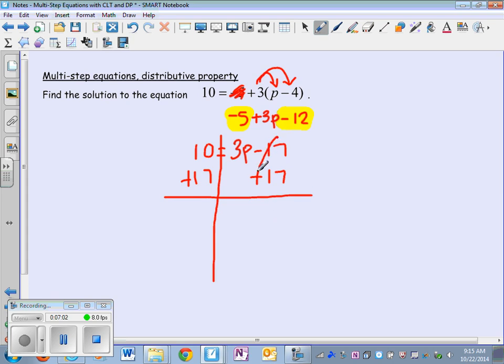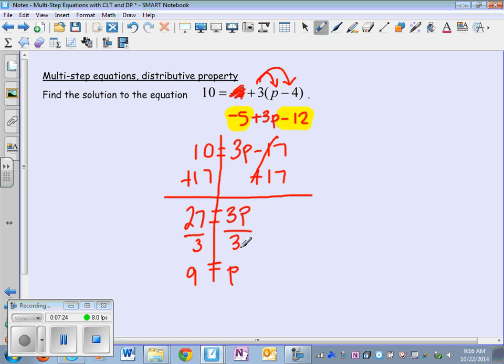These are additive inverses, so that will cancel. We're left with 27 on the left, 3p on the right. And we're ultimately looking for what times 3 is 27. So when we divide to undo this multiplication, we're going to see that p equals 9.